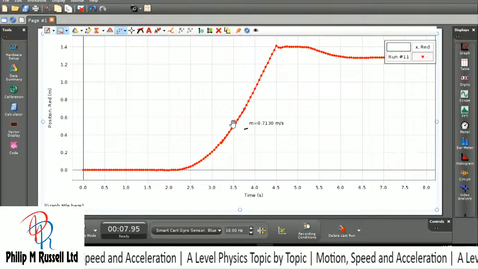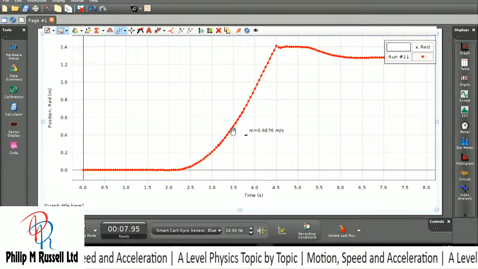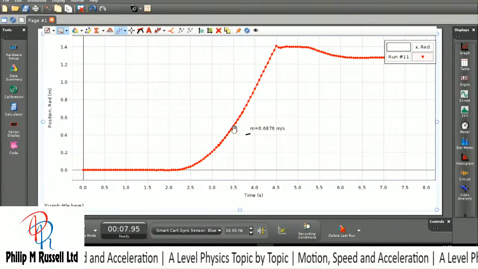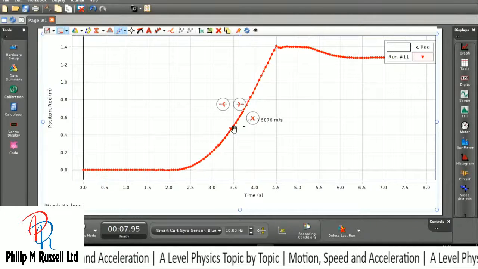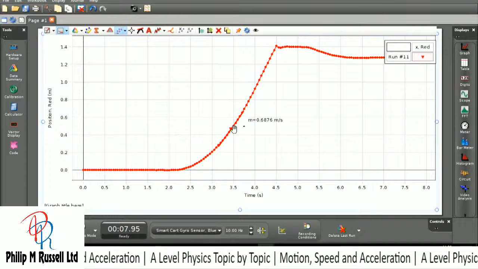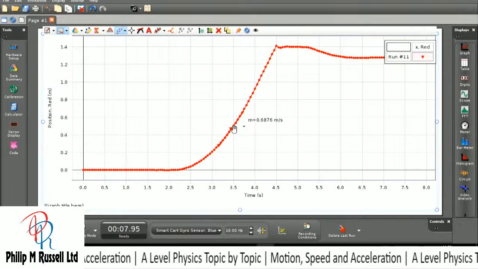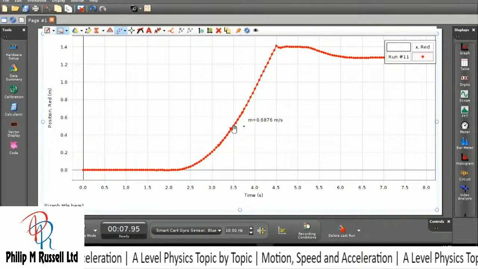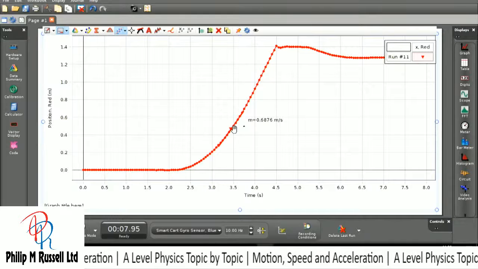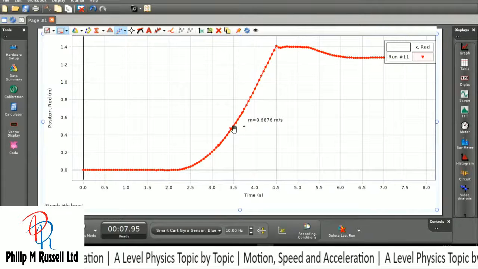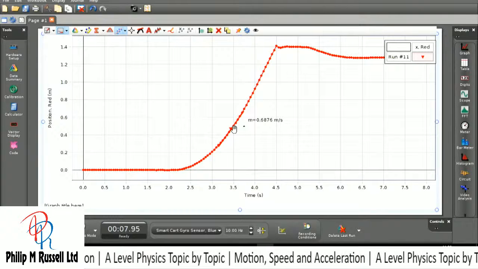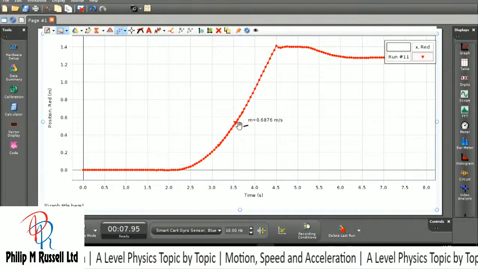Let's take a time difference, so I could look at this point here, what my velocity is. So let's look at that one, and this is at a time of 3.5 seconds.